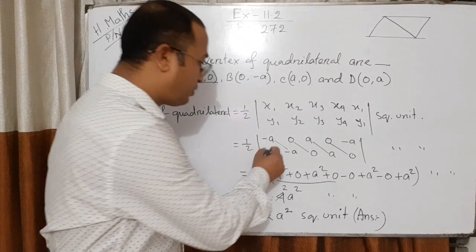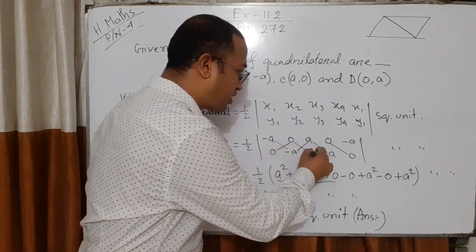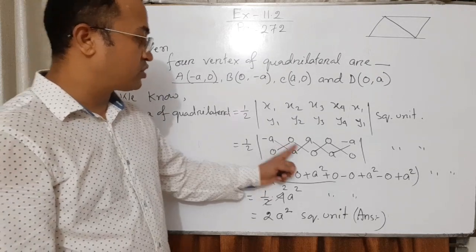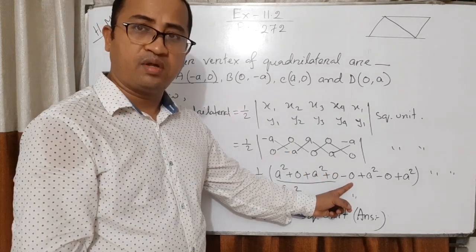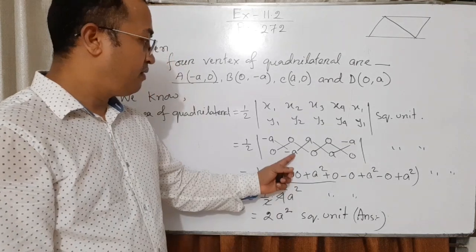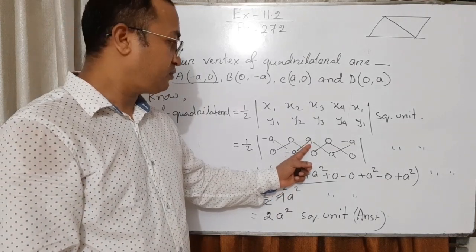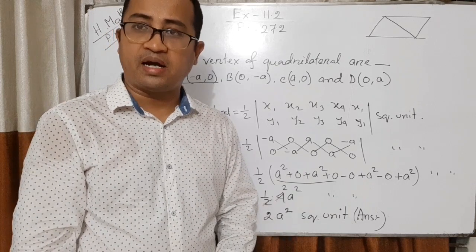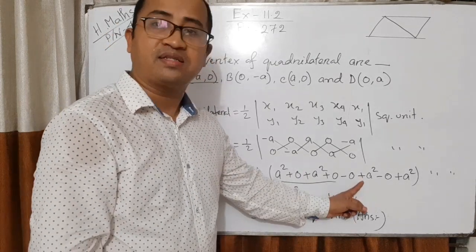Now again we multiply these numbers, and these four will be subtracted. 0 times 0 minus 0, as per the formula, minus a times a is minus a square, but our formula has a minus, so it becomes plus a square.